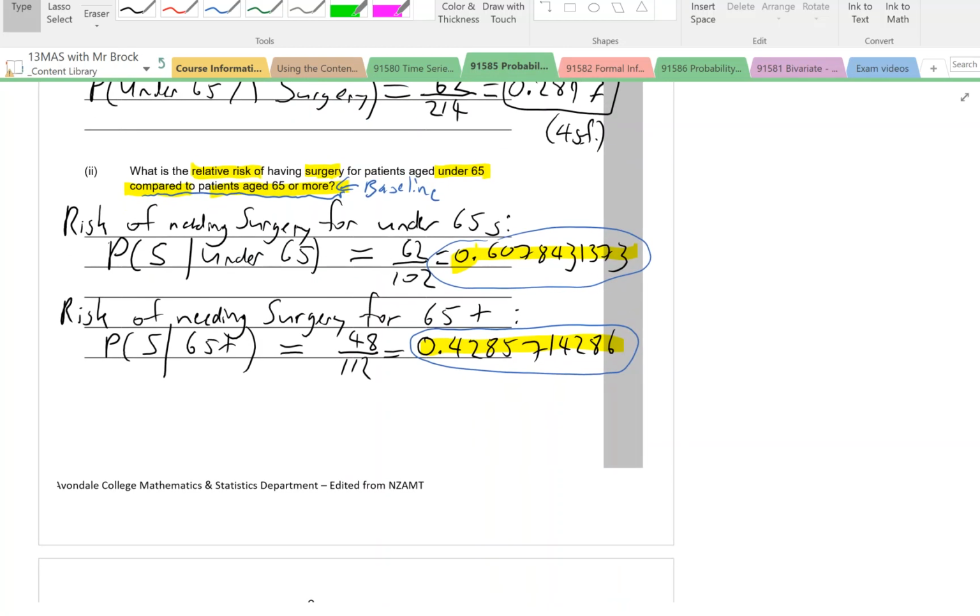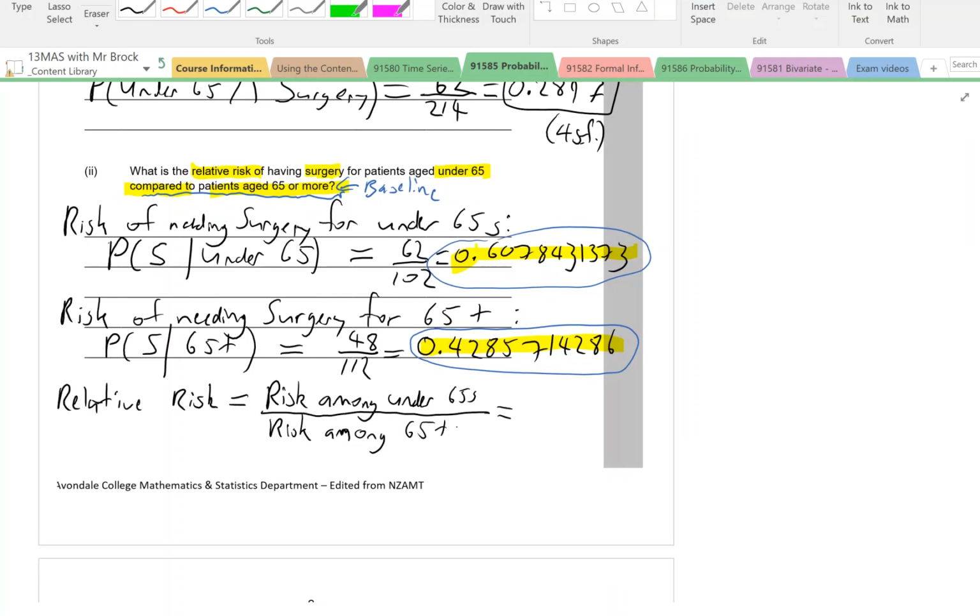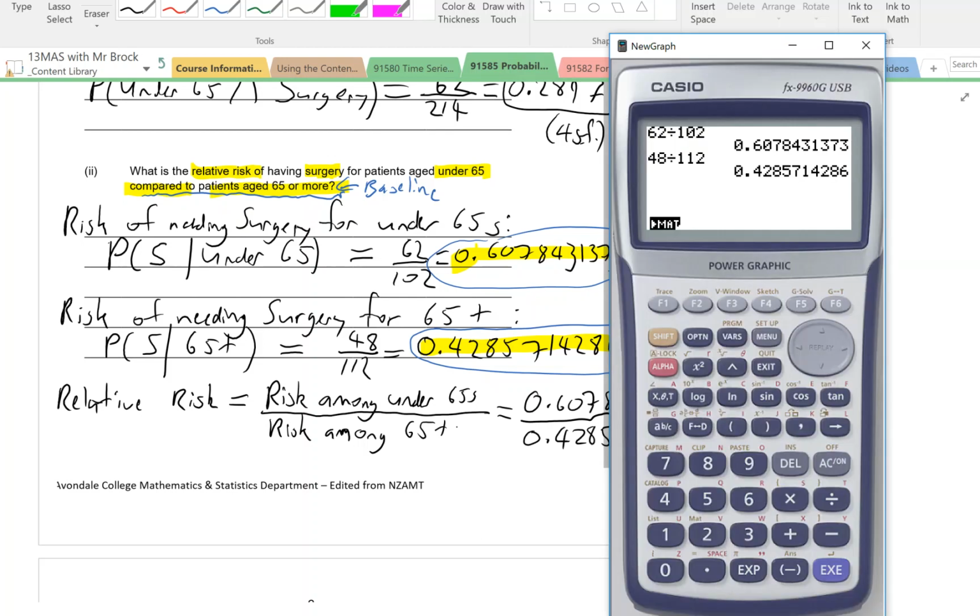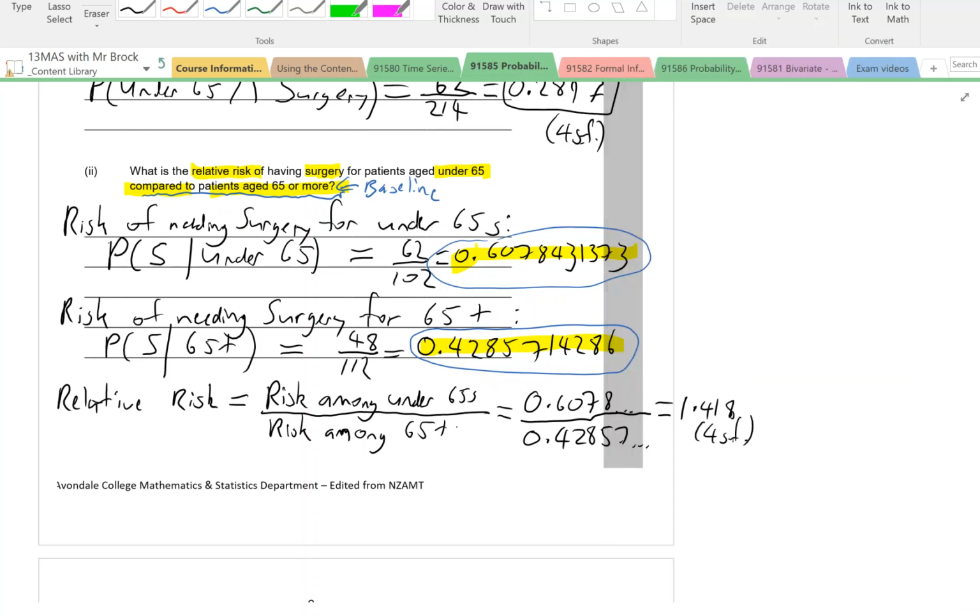So let's write that down. So risk among under 65s is 0.607, etc. divided by risk among 65 pluses, which is 0.428, etc. And when we divide those, we get 1.418. So then we need to put this in words.